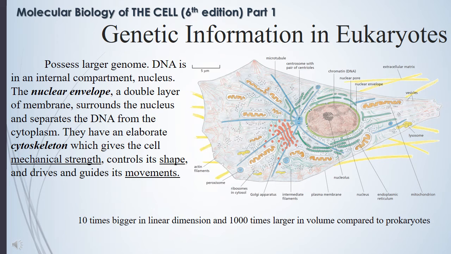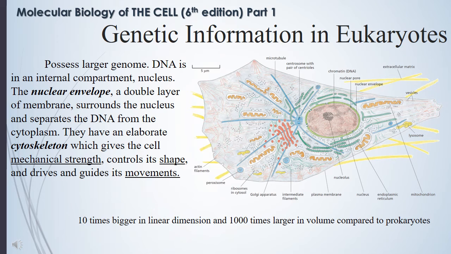So let's compare and contrast a eukaryotic cell now. The DNA in a eukaryotic cell is packaged in a nucleus, which is surrounded by a nuclear envelope. That is a double-stranded membrane, and it separates the DNA from the cytoplasm.